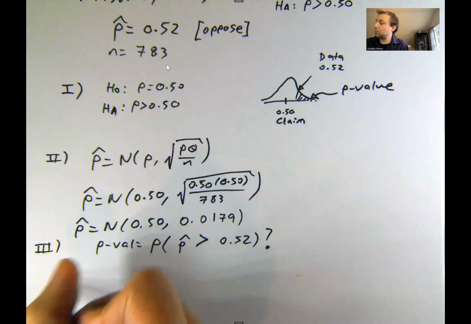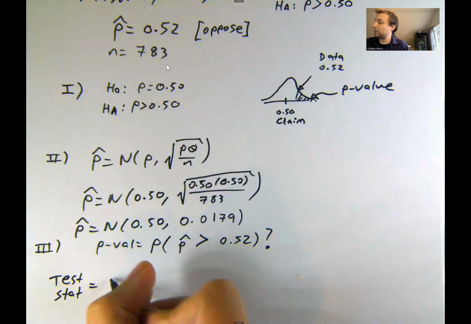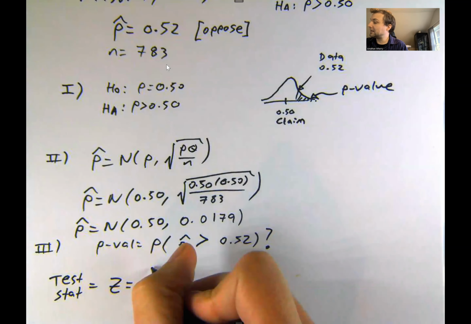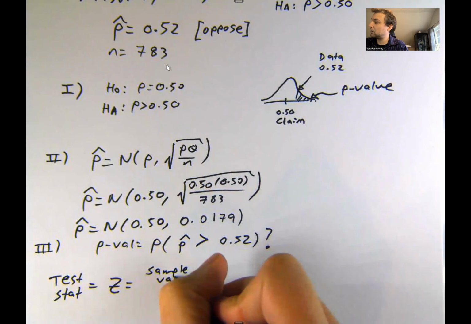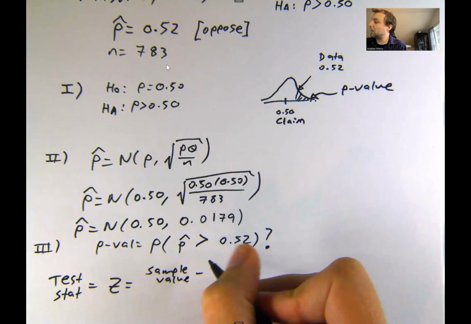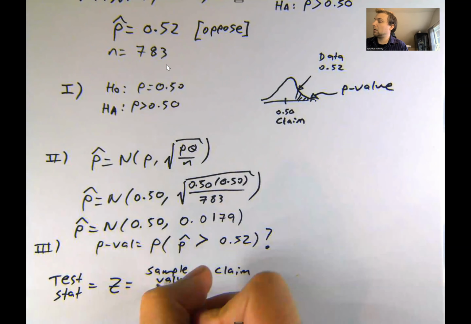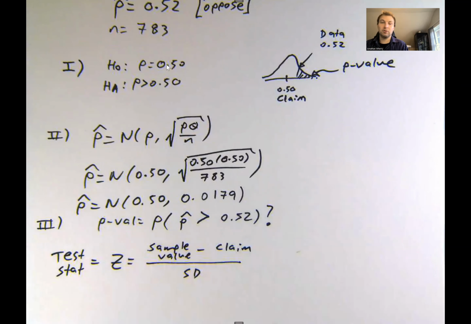So I'm going to calculate my test statistic, or in other words, my z-score. My z-score is my sample value, my p-hat, minus my claim for my center, my p, divided by my standard deviation, the square root of pq over n.